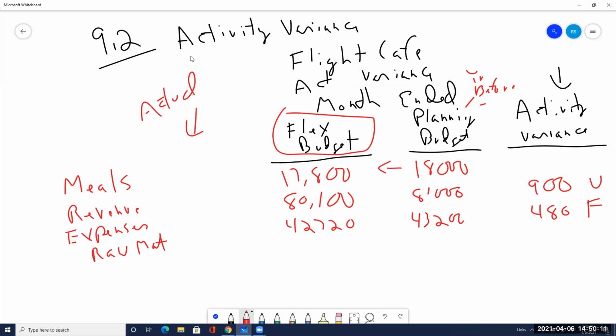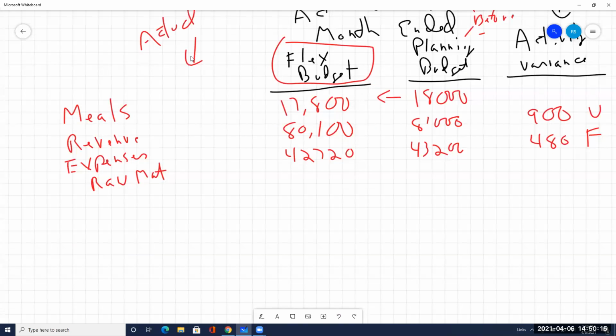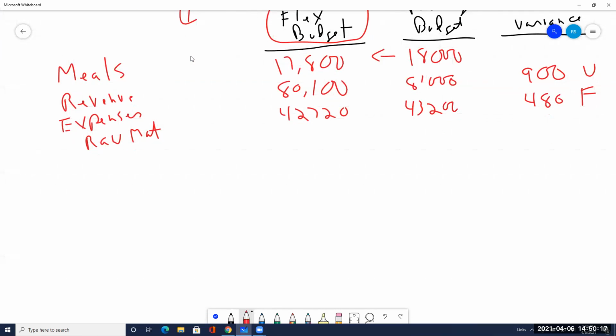My wages are 10,540 and 10,600, which is $60 favorable.